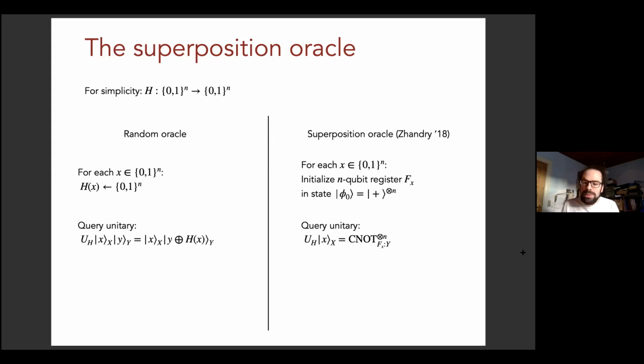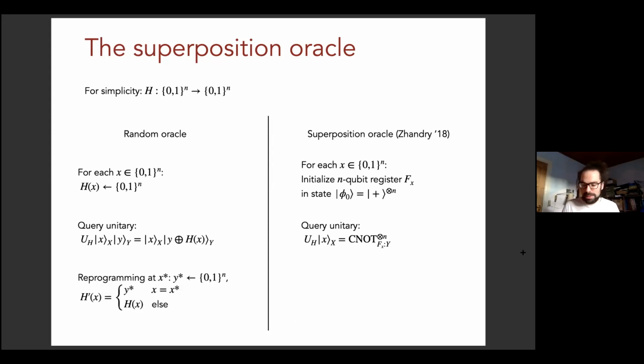It means that, controlled on the input register X of the adversary, the contents of F_x are coherently copied, or XORed, into the Y register. So basically it does the same as the random oracle, except that it reads h(x) from this register F_x.